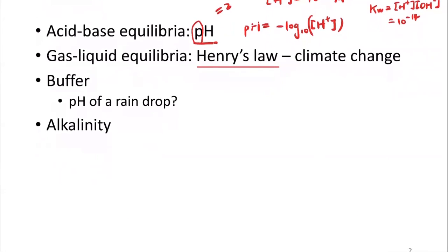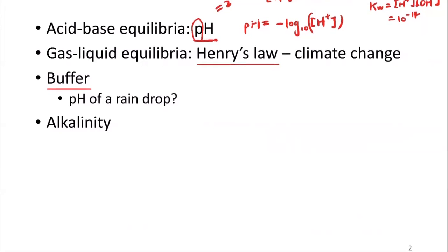So we also talked about the buffer system. The buffer system is a solution that can withstand a large change of pH, right? So instead of changing the pH from 7 all the way to 1, when you have these carbonate species, you don't have the excess hydrogen ions, and the pH change will be smaller when you pour strong acids or bases into the solution.